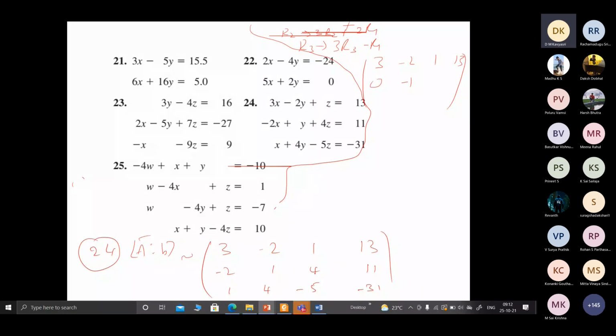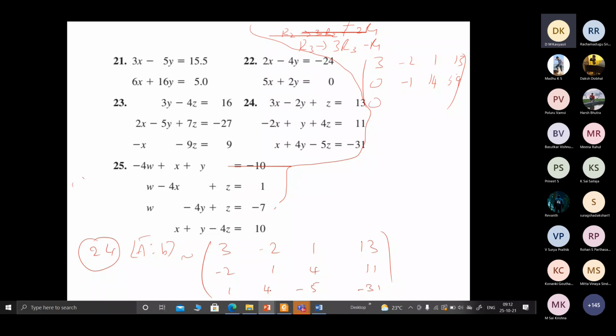Then this is 3 4s are 12 plus 2, 14. Then 11 3s are 33 plus 13 2s are 26. 33 plus 26, 59. 59. Next, 0.